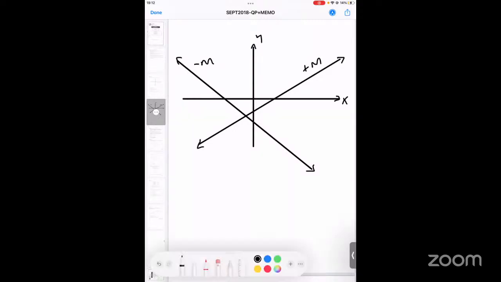And what I was saying was the angle of inclination will always be that angle there, or that angle there.